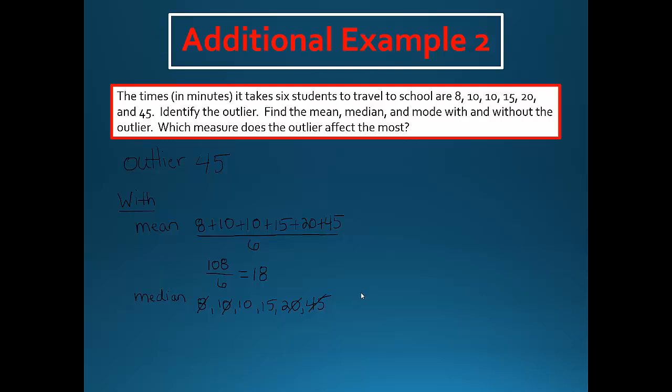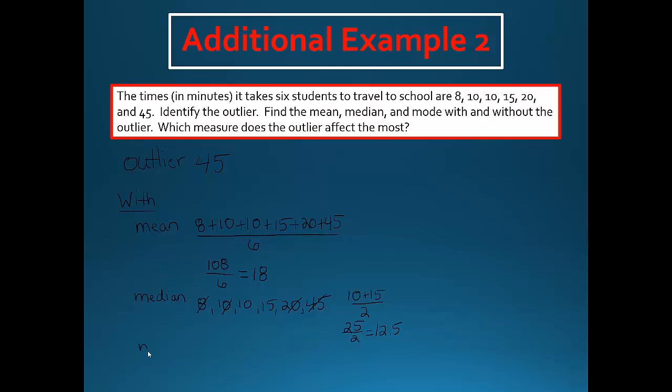So to find the median of those 2 middle numbers, we'd have 10 plus 15, and we would divide that by 2. 10 plus 15 is 25, and 25 divided by 2 is 12 and 5/10. So the median is 12 and 5/10.